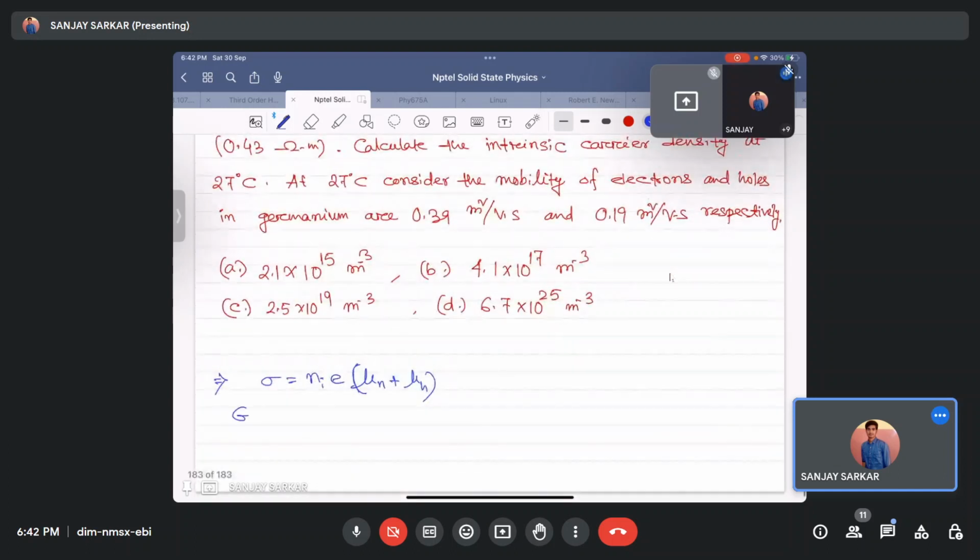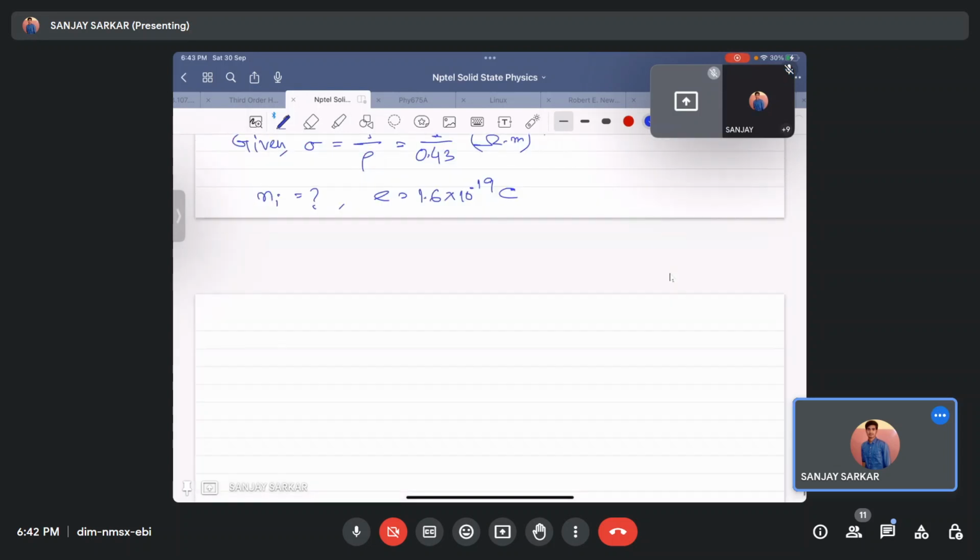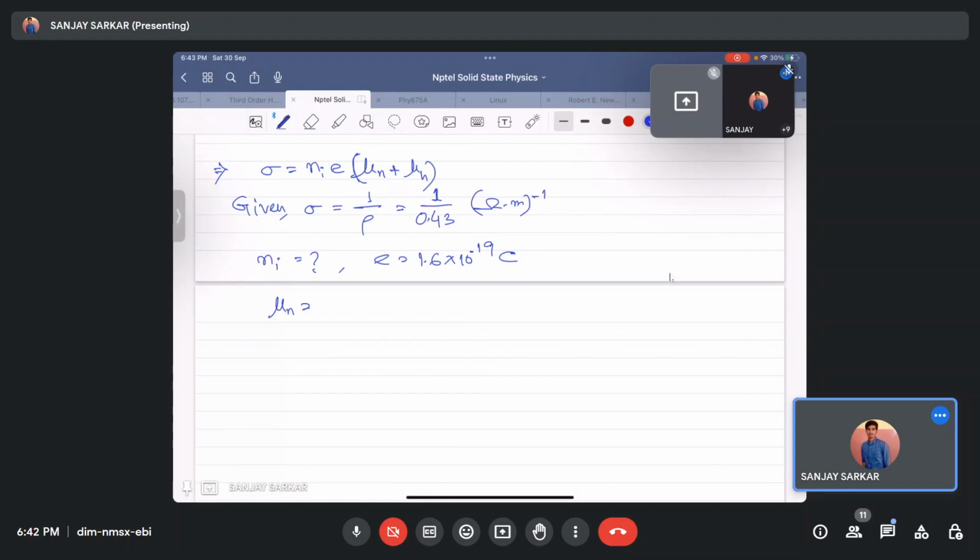What is given? Given is sigma, and sigma is 1 by 0.43 ohm meter inverse, because sigma is 1 by rho. Then n_i is what you need to calculate. e you already know, 1.6 into 10 to the power minus 19 coulomb. Mu n and mu h are also given.